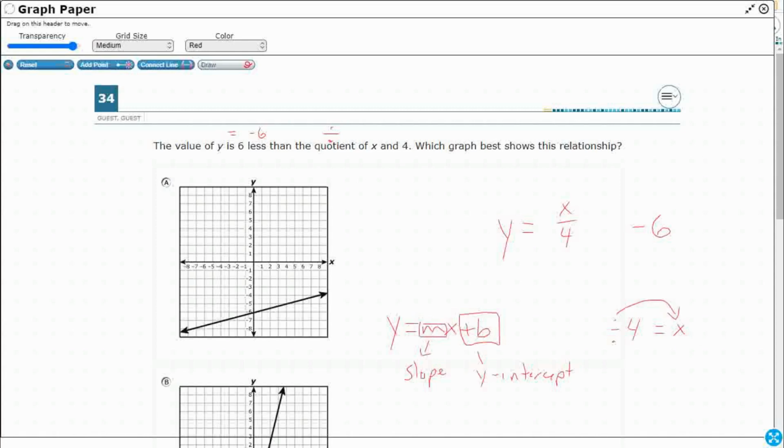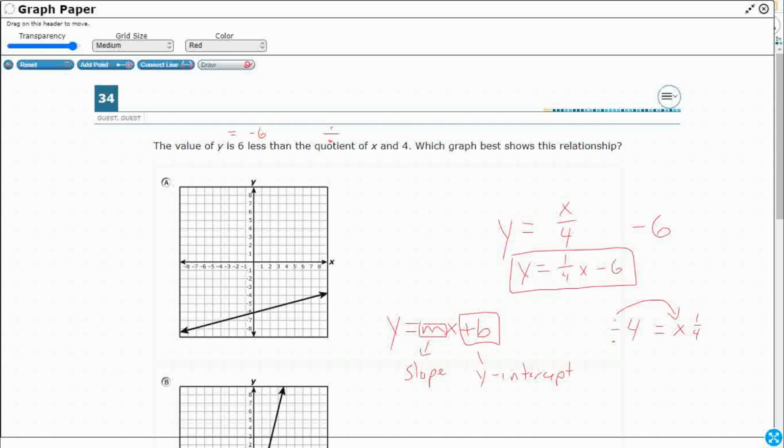And then I need to find the reciprocal of 4. Well, that's just going to be 1/4. Okay, so dividing by 4 is the same as multiplying by 1/4. Okay, so I'm going to rewrite it like this. So y equals 1/4 x minus 6. All right. Now I have a linear relationship as shown in the slope-intercept form that I can work with.